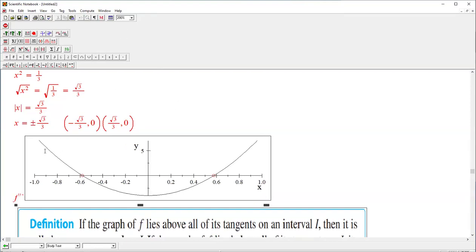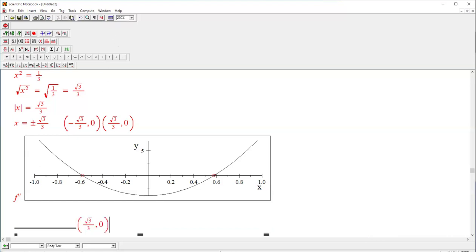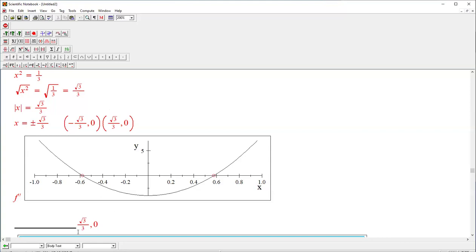So their sign: on this piece, from negative infinity to negative √3/3, that's positive. That's concave up; then concave down, that's negative, okay? If you use a number line, it's comparable to this.